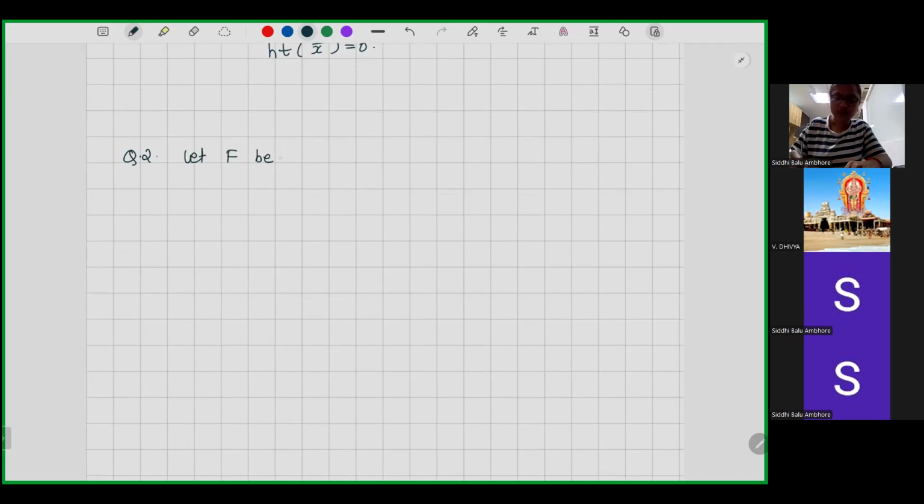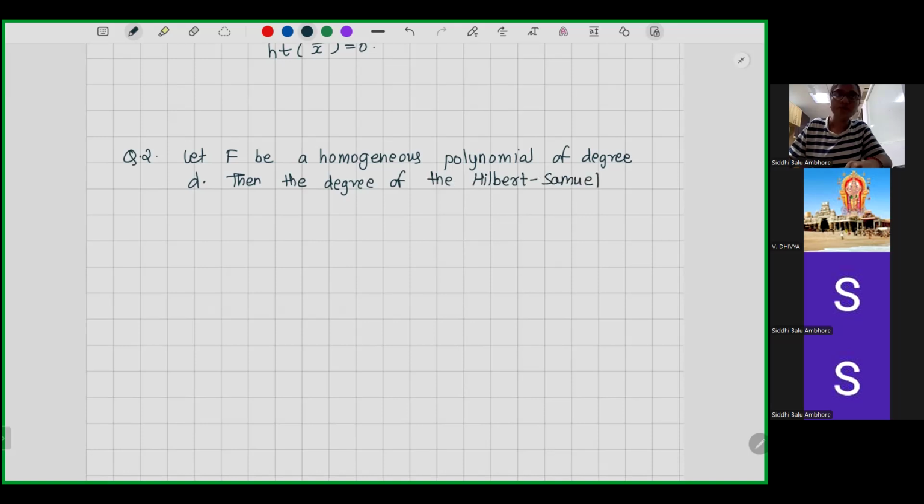Let f be a homogeneous polynomial of degree d, then the degree of the Hilbert-Samuel polynomial of this power series ring.